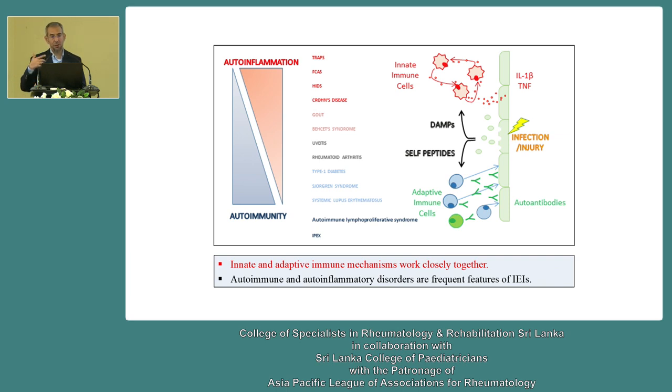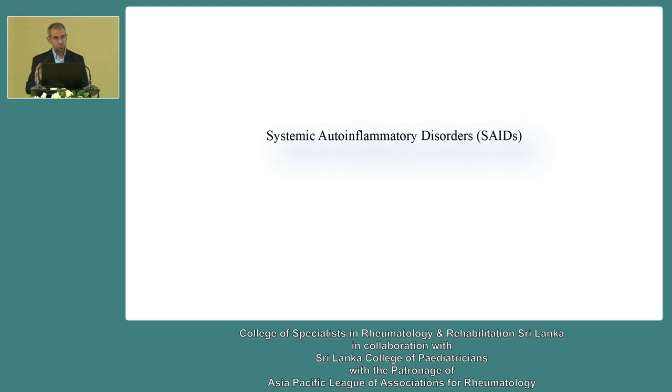So those who have some problem in their immune system in terms of immune deficiency, it's not unusual to see them present with some autoimmunity or autoinflammatory manifestation. So probably this is enough background. Let me move to the systemic autoinflammatory disorder in more details.